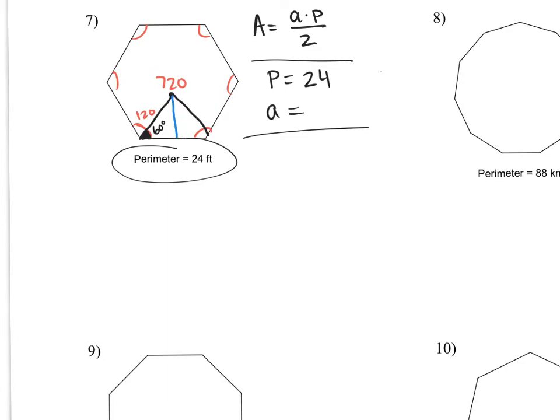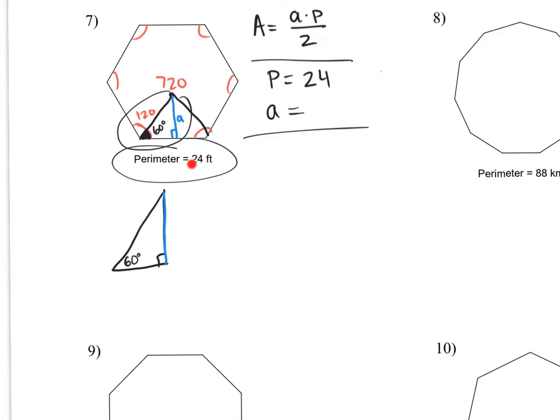Dropping down my apothem, I'm going to do it in blue here. I can find the apothem by using this right triangle. Let's draw that again. Here's that right triangle. I've got a 60. I'm looking for my apothem, and I know I have a 60-degree angle. Last but not least, I know these side lengths.